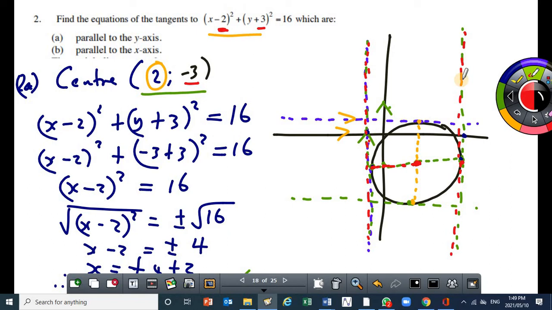Fortunately, we know that from this point here up to this tangent, the value of y here is the same as the value of y there. So the value of y at the center is the same as the value of y at the point of contact, because a tangent is perpendicular to a radius, or a tangent is perpendicular to a diameter.